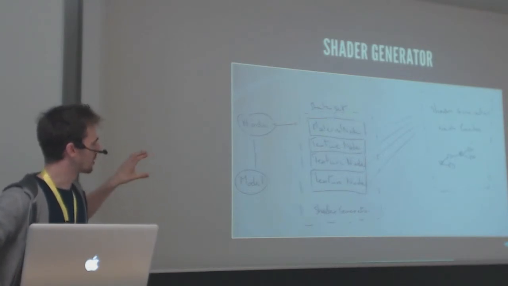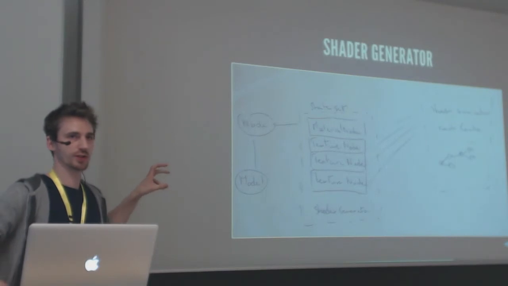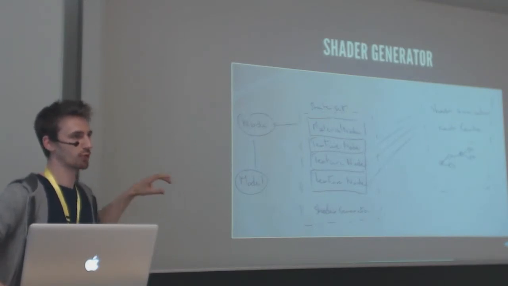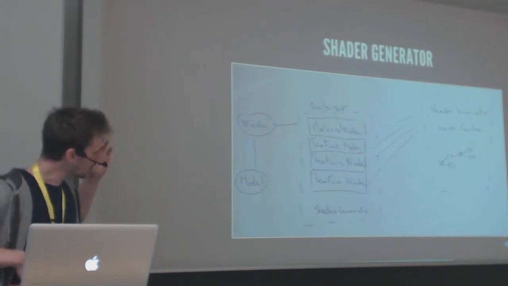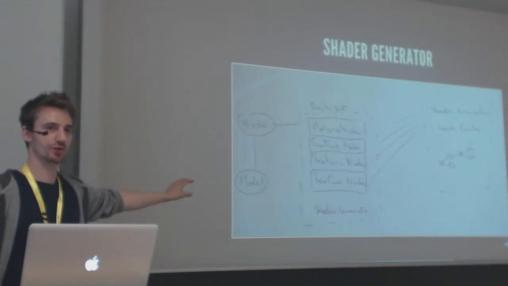The way shaders are generated is when you draw something. When you draw something, we check if there is a state set. We check the shader generation object. I'll explain a bit more with this.